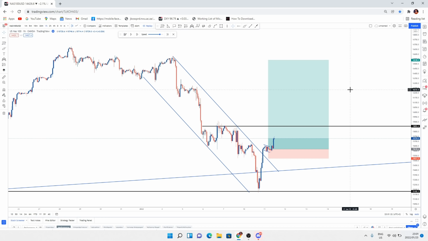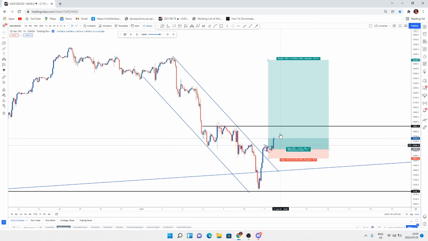I'm not advising you guys to not use a stop loss. A stop loss is very important for everybody else. I just don't use it quite often. On risky trades I use a stop loss, but on trades that I take with confidence, I definitely don't use a stop loss.